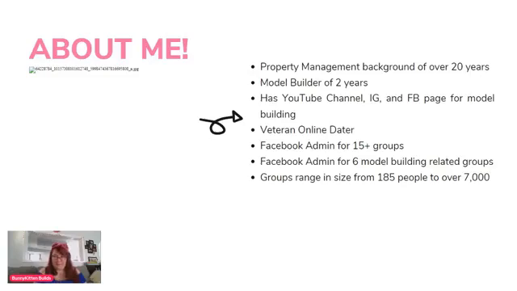The group that has over 7,000 members usually gets about 5 to 6 fake profile requests a day. I think one of our other groups is over 10,000. I have to double check on that, but that group definitely gets a lot of fake profiles.